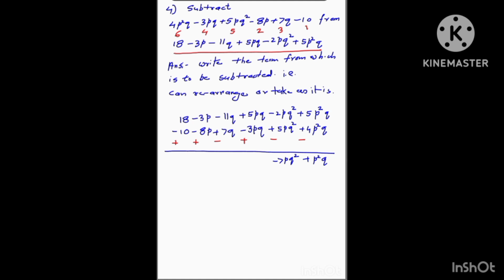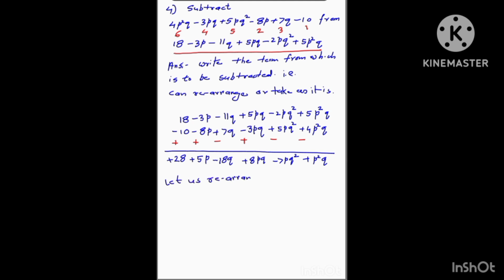Now this will be 8pq. This will be plus 18q. Sign is very important. The 8 is plus, so this will be plus 5p, and this is plus 28.